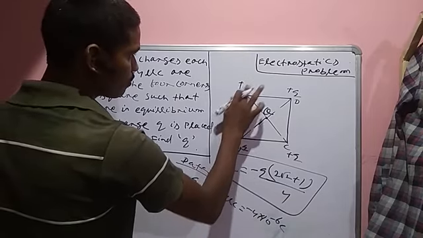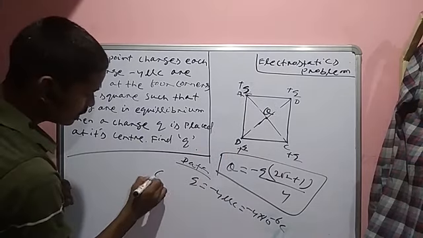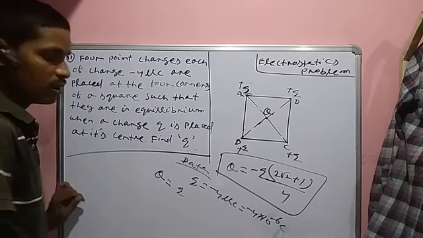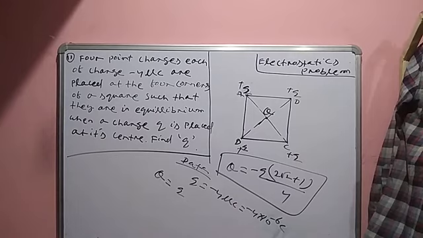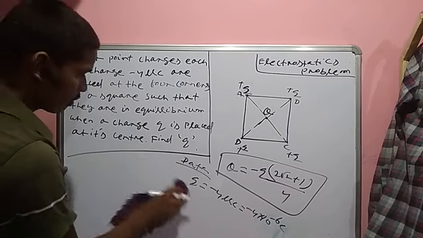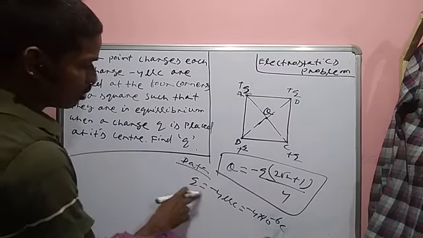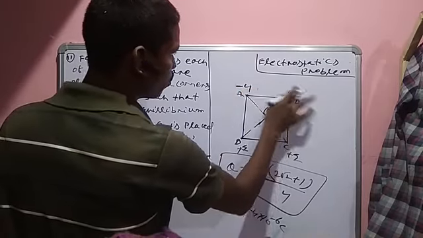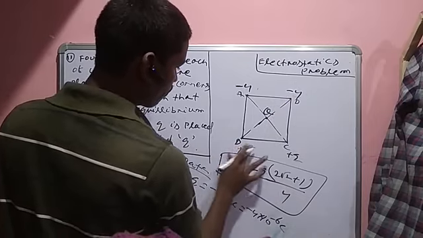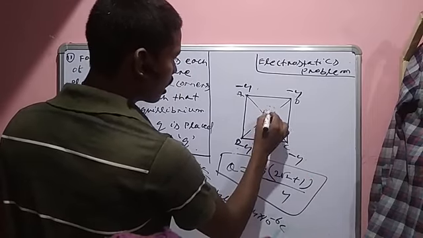So the corner charge is minus 4 microcoulomb. This is the capital Q, the center charge.